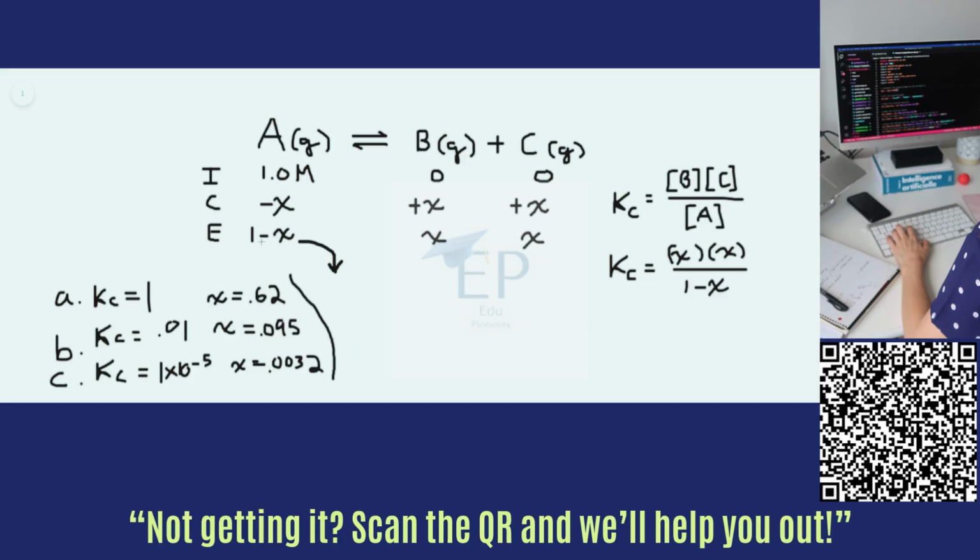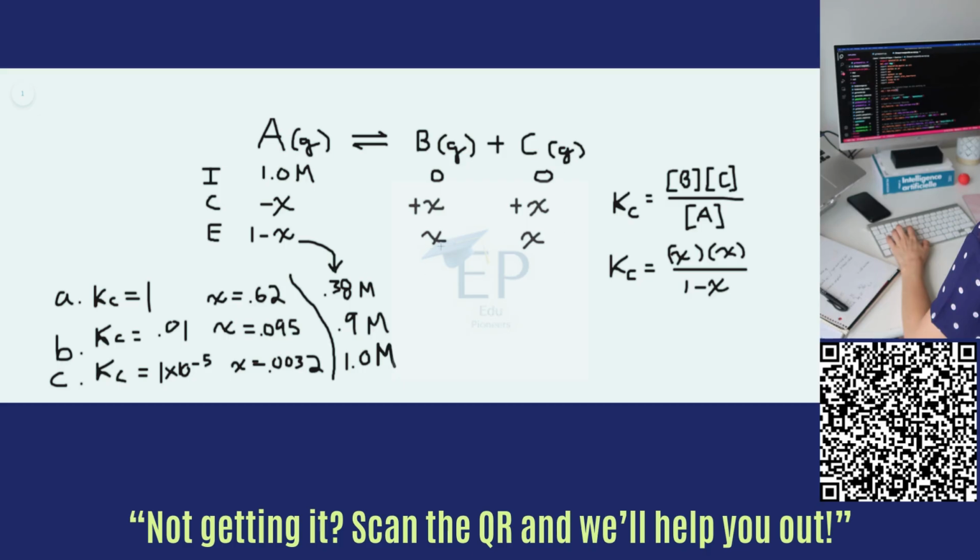And so if you do 1 minus 0.62, this would be 0.38 molar. 1 minus 0.095 is about 0.9 molar, rounding a little bit, and 1 minus this comes out, if you round it, just about to 1, doesn't really change. Like we expected, as Kc gets smaller, this fraction gets smaller, denominator gets bigger, so the concentration of the reactants is increasing. That's exactly what we see.